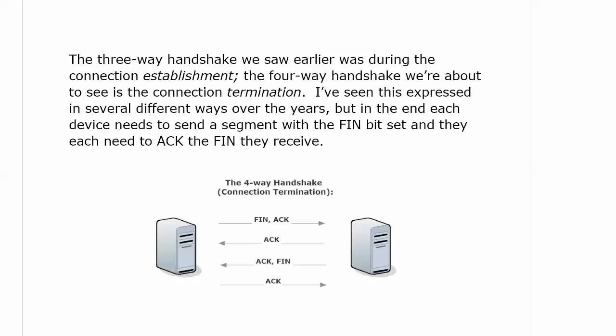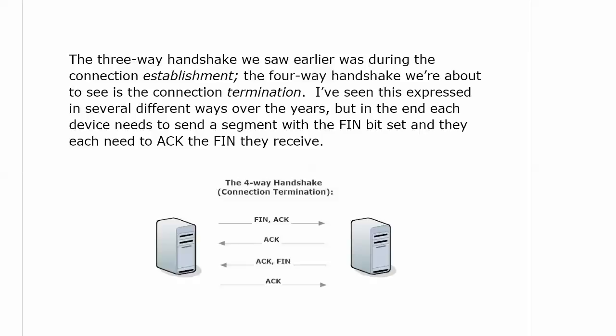Now, one thing you'll see in your network studies, you'll see different explanations of things from time to time, and this is one of them. I have seen this four-way handshake expressed in several different ways over the years, but in the end, what has to happen is that each device needs to send a segment with the FIN bit set, and they have to each acknowledge the FIN that they're getting.